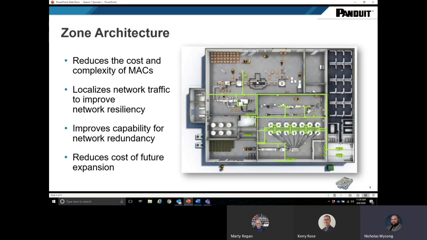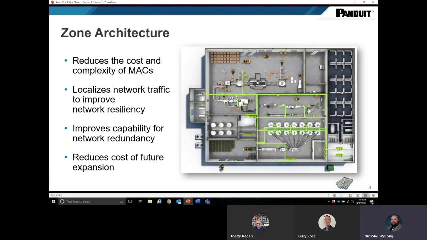Panduit has decided to focus their efforts on a solution around deploying a zone architecture. With the zone architecture, you leave your layer 3 switch at a central location, but you use a fiber backbone to deploy your layer 2 and layer 1 switching in segmented zones on your factory floor.